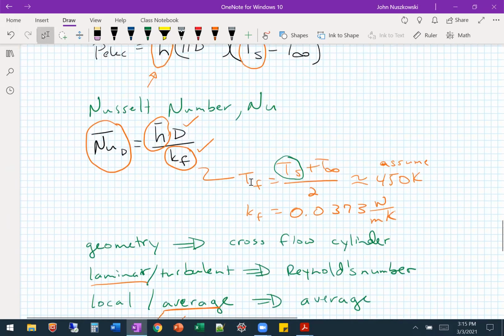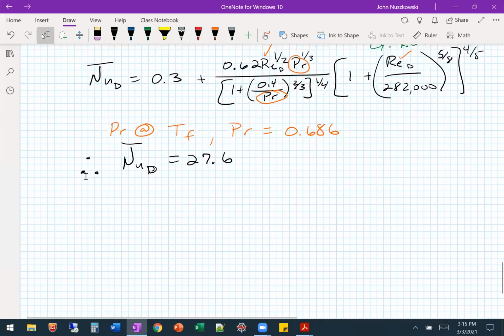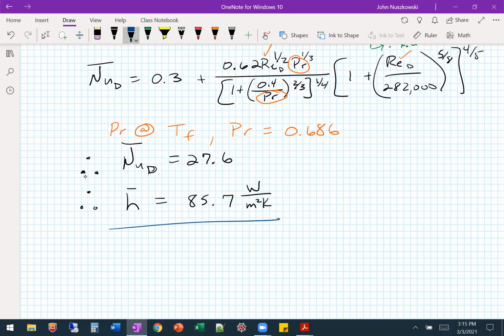Okay, so if we work our way back, we now have the Nusselt number, so we can get our convection coefficient, right? Oh, that's not our answer.